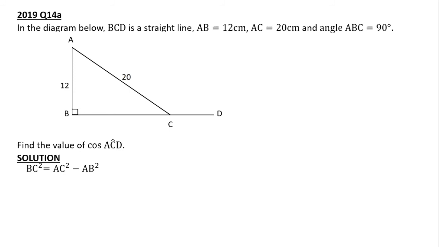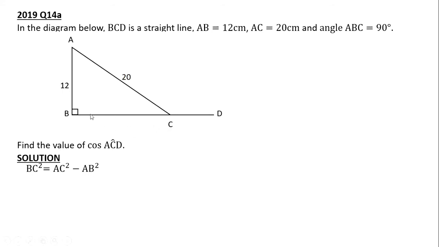Pythagoras' theorem states that the square on the hypotenuse is equal to the sum of the squares of the adjacent sides. So our AC squared is equal to AB squared plus BC squared.